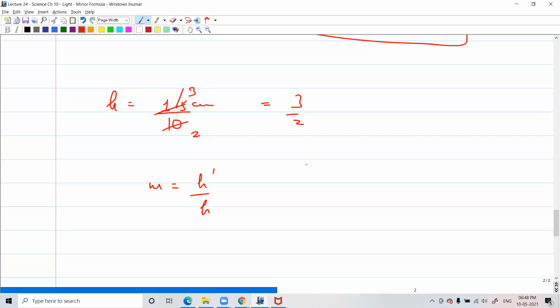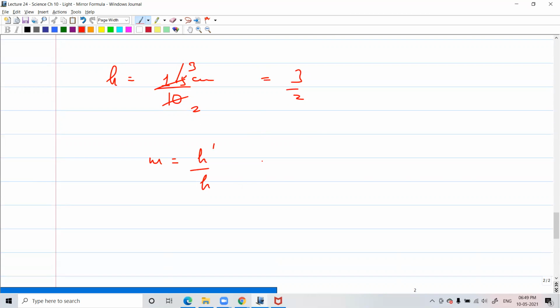Does anyone want to say that? h dash and h can be decimal, but of course it will be some terminating decimal. It will not be some non-terminating, non-recurring decimal. This is the height of the object for sure. It will be something definite, some terminating decimal. All right, so we are digressing. Let's get back to the topic.